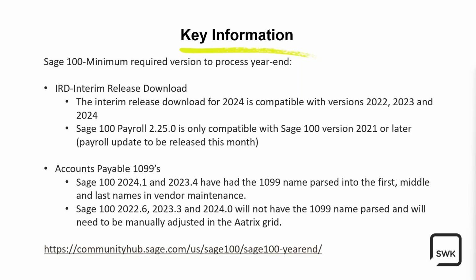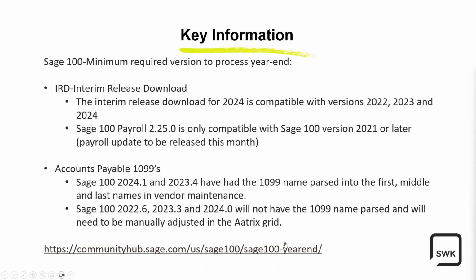So unfortunately, if you're not on one of those updates, 2024.1 or 2023.4, they will not have that 1099 name parsed, and it'll need to be manually adjusted in that Atrix grid. And I'll show you that Atrix grid in a little while so that you can see where that happens. And I'll also show you where the fields are. I'm working today on 2024.1, so I'll show you where those parsed fields are and where they aren't if you don't have it, I guess.